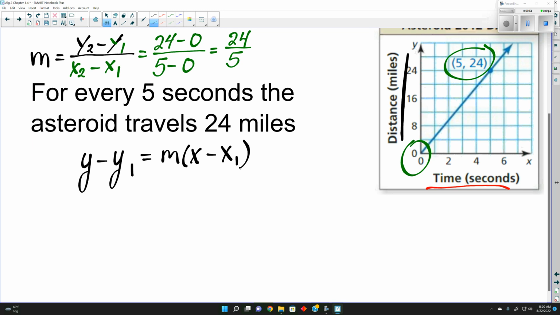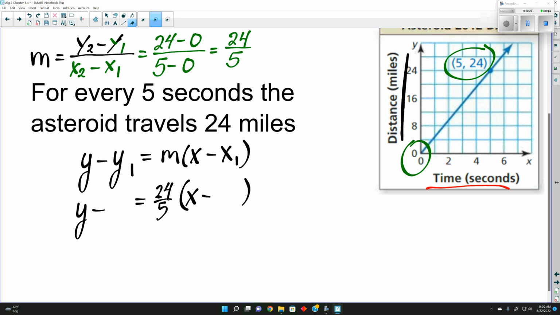Now, the point that we have, we have two of them, because we have 0, 0, and 5, 24. Which one do we want to use? So 24 over 5, that's our slope, so we can put it in place of m.